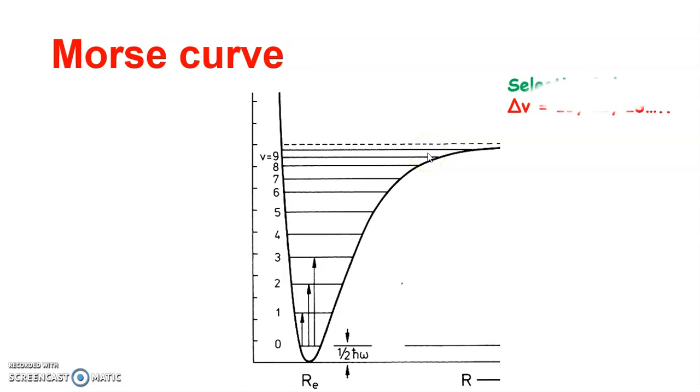For the anharmonic oscillator, there is also a selection rule, but it has changed from the harmonic model in that Δv can have the values plus or minus 1, plus or minus 2, plus or minus 3, etc. That is, for an anharmonic oscillator, there is an additional possibility of larger jumps.